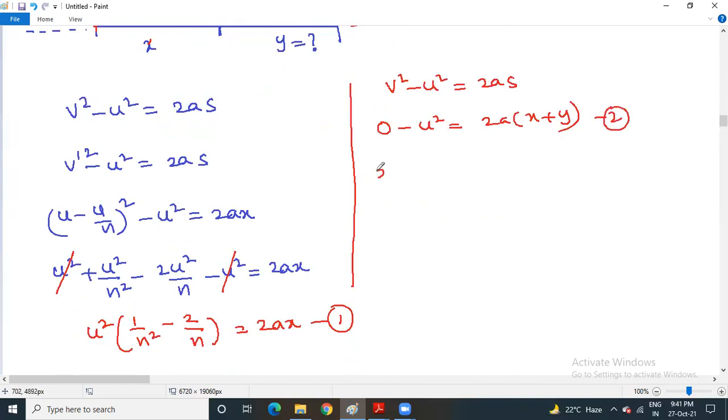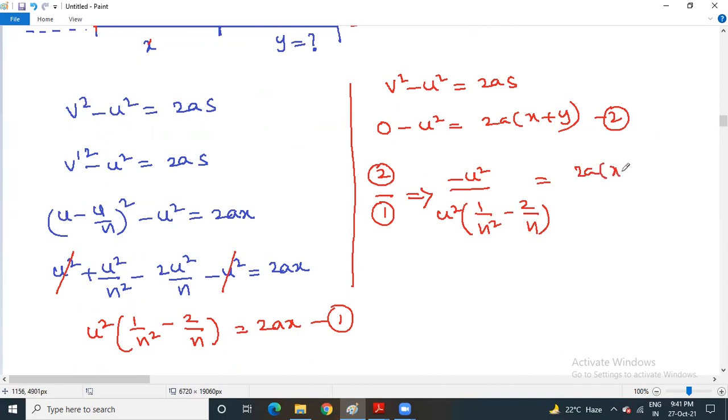Now let us divide equation 2 by equation 1. Equation 2 gives minus u square, and equation 1 gives u square times 1 by n square minus 2 by n, which is equal to 2a of x plus y divided by 2ax. You can cancel 2a and cancel u square. If you cancel the minus in the numerator, this will become plus and that will become minus.